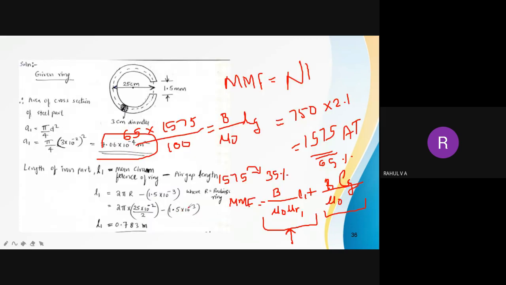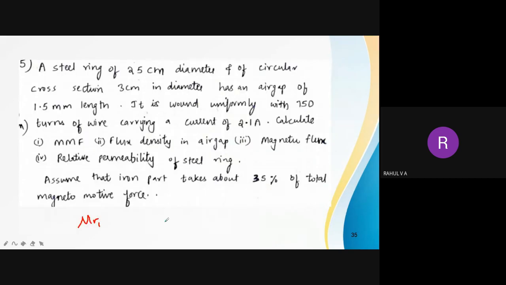We already know this part, that 35 percentage of MMF is consumed by the iron ring. We have just found out B, and mu 0 is a constant. Mu R1 is what we have to find out. L1 also we know. So 35 percentage of total MMF, which is actually consumed in the iron material, is equal to B divided by mu 0 mu R1 L1.